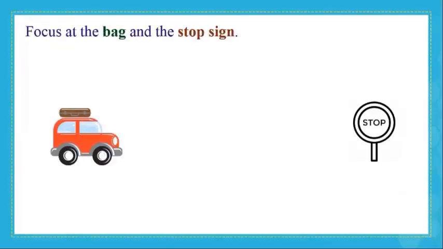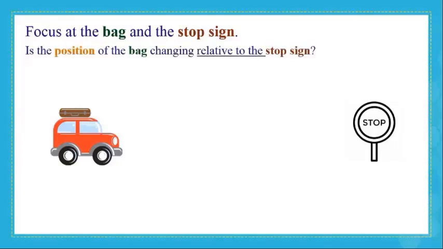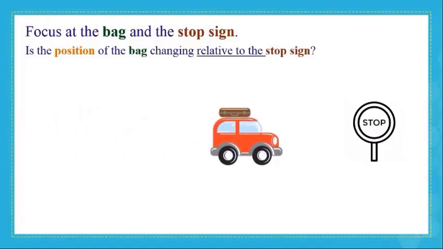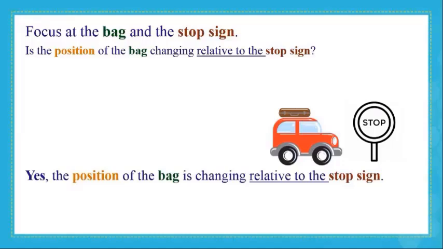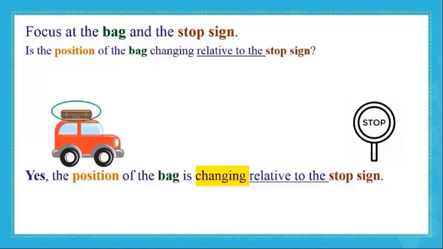Same example, but I want you now to focus on the bag and the stop sign. Is the position of the bag changing relative to the stop sign? Yes, it's changing. Let's see it again. Here's the bag. It is at a certain position behind the stop sign.